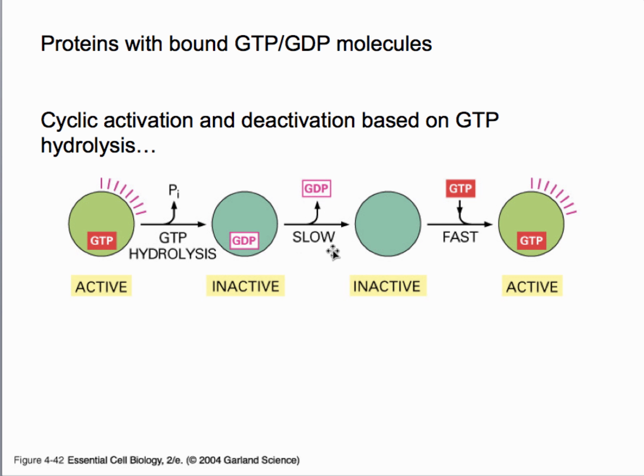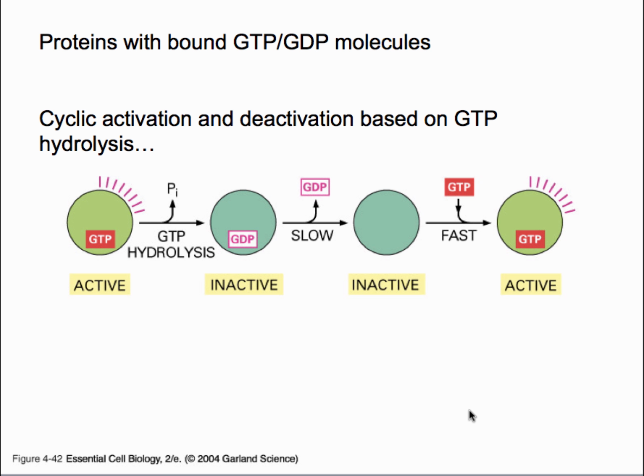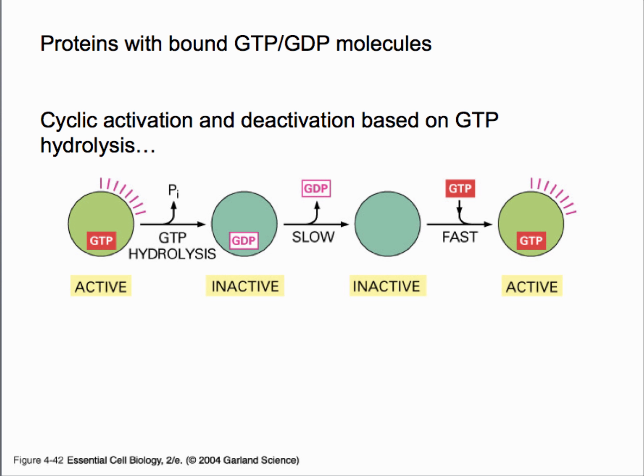So the slow step may be really slow in some circumstances, but the slow step may not be that slow in other circumstances, therefore influencing how long this protein is in the active state and how long this protein is in an inactive state. There are many such proteins within a cell, and they influence other proteins, such as those involved in regulating the cell cycle.